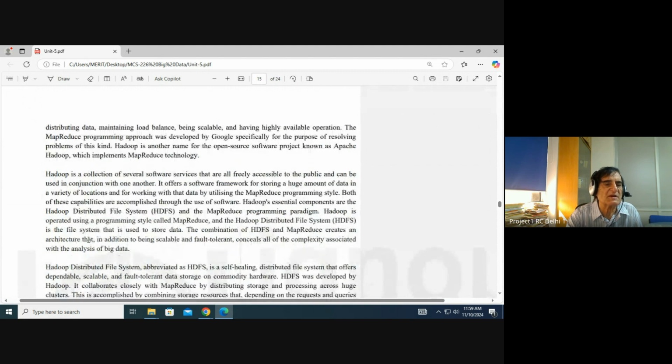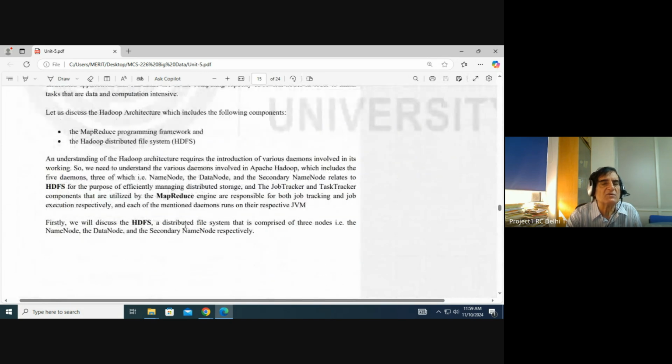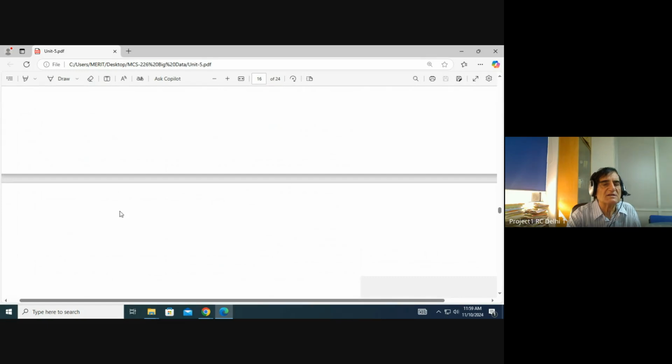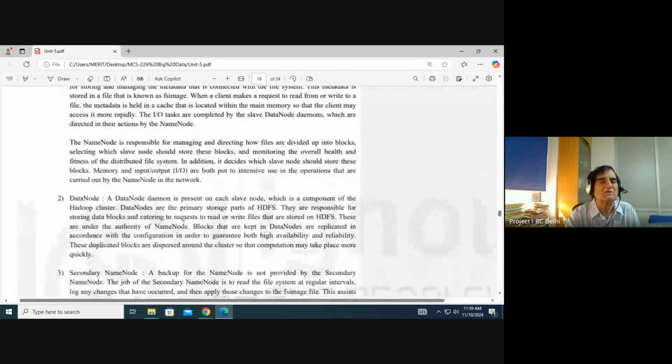So Hadoop is a distributed file system. We look at the Hadoop distributed file system, HDFS, and we do MapReduce. So that's where MapReduce happens, from the HDFS file. Name node is responsible for managing and directing how files are divided up into blocks.